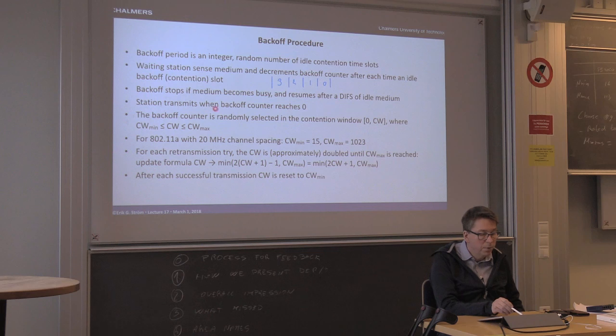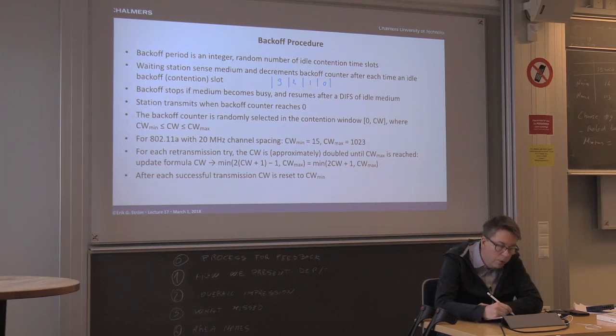A station transmits when the back-off counter reaches 0. So actually, here when we went from 1 to 0, we can start to transmit the frame. So 3 to 2, 2 to 1, 1 to 0, transmit frame.